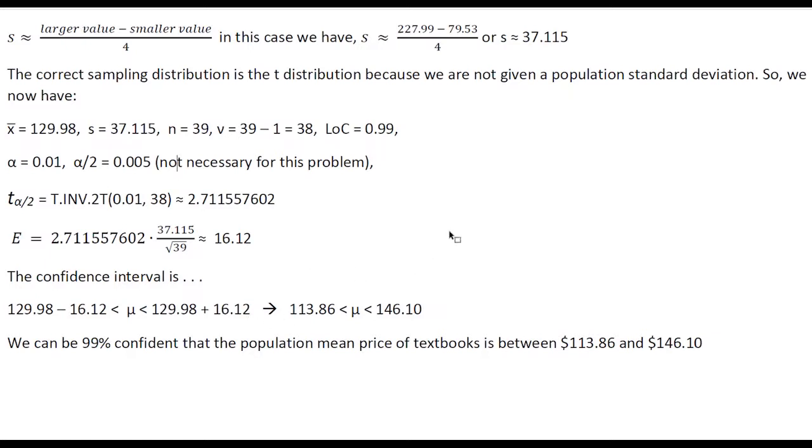We get that the confidence interval is $113.86 is less than mu, which is less than $146.10. Which means we can be 99% confident that the population mean price of textbooks is somewhere between $113.86 and $146.10.